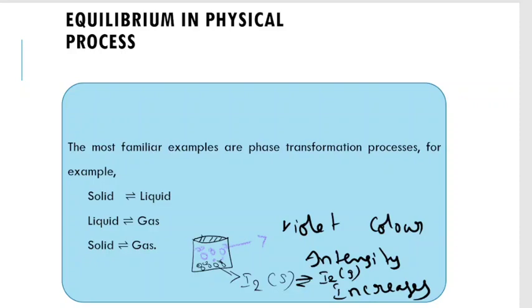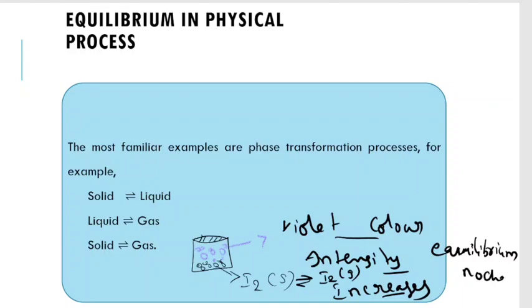Slowly the violet color intensity increases, and after attaining the equilibrium, we don't see any change in the intensity of the color.